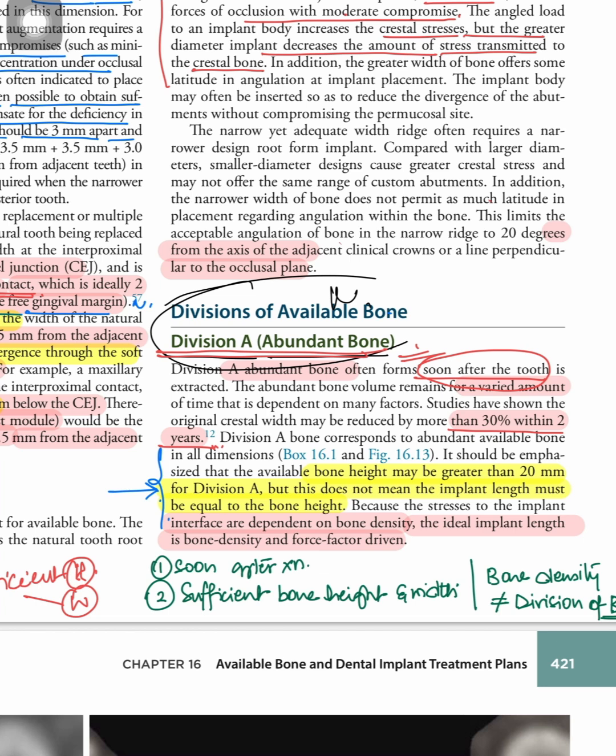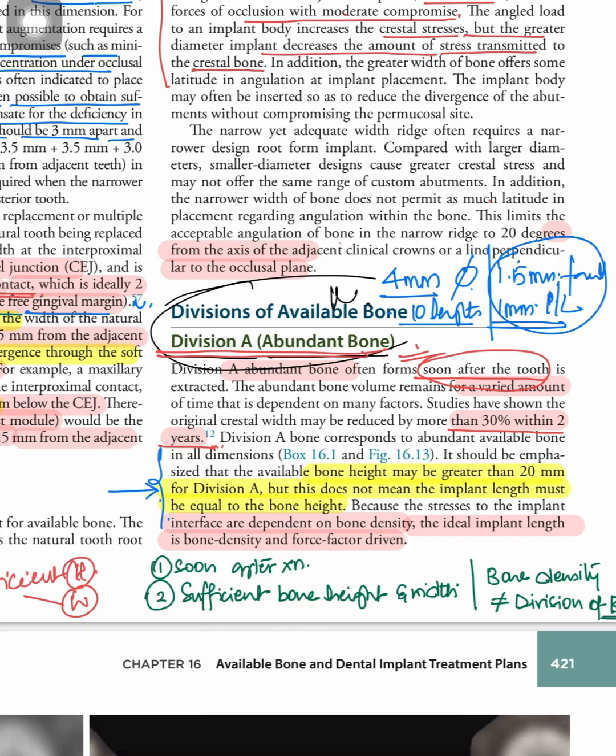So for example, we are placing an implant of 4 millimeter diameter and 10 millimeter length. For that, if we have 1.5 millimeter bone facially and 1 millimeter of bone palatally or lingually, then that particular classification of bone can be considered as division A bone.